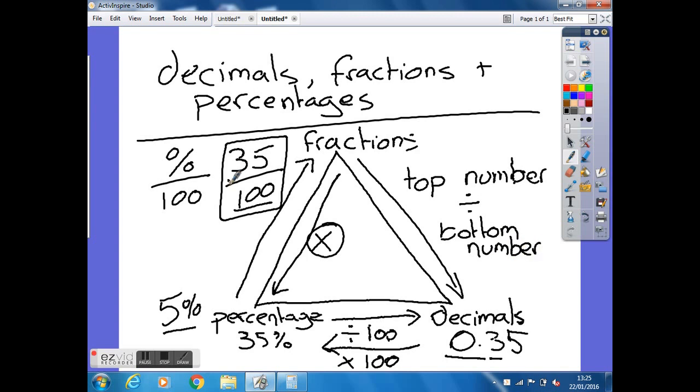So, using the numbers we've got up here, we know that'll be 35 divided by 100. And as we know from our sum at the very start, that is equal to 0.35. Now, looking at this, it can be quite confusing at first, but it is something that you get the hang of relatively quickly.